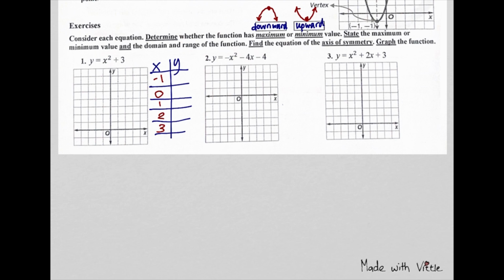Now let's substitute each x value into the given equation on number 1. Copy the equation down. The first value for x is negative 1, so it's going to be negative 1 squared plus 3. When x is negative 1, the value for y is 4. Keep substituting until you fill out all the values for y.